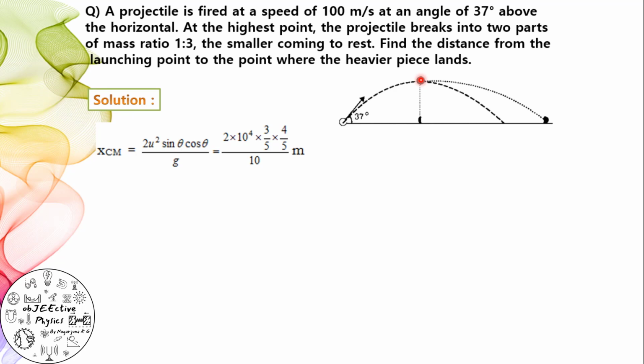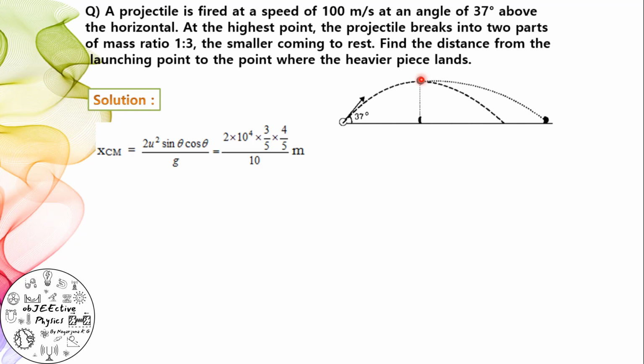Until the highest point, the projectile does not break into pieces. Once it reaches the highest point, it breaks into two parts of ratio 1:3. So let us assume that the total mass of the block is m, and this m is divided into 1:3 ratio, meaning m by 4 and 3m by 4.